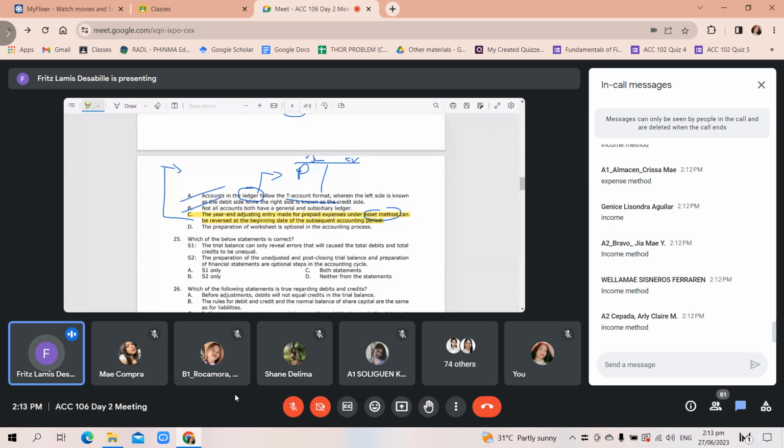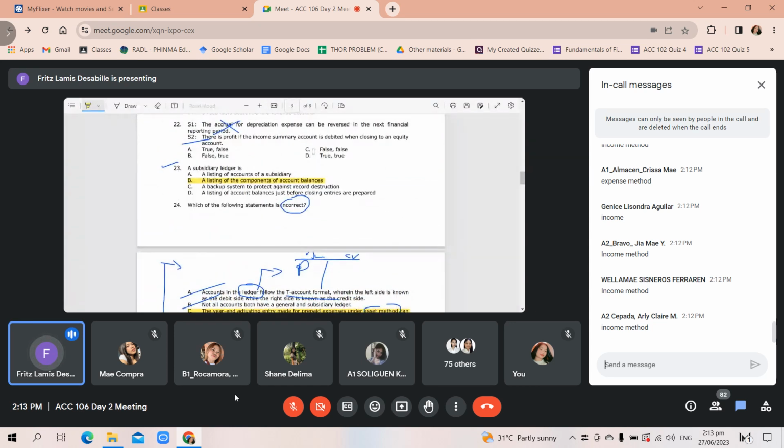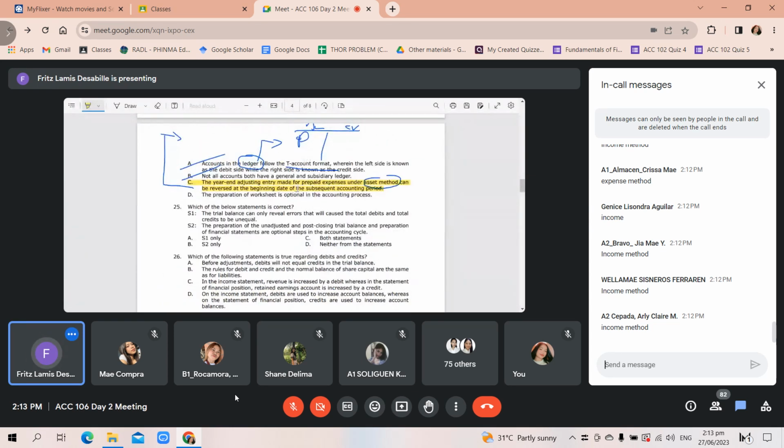So the contents of the worksheet are all optional. Therefore, if the contents of the worksheet are optional, the worksheet is optional too. So, letter D is also correct. So, the answer for 24 is letter C. Okay, let's go to 25.